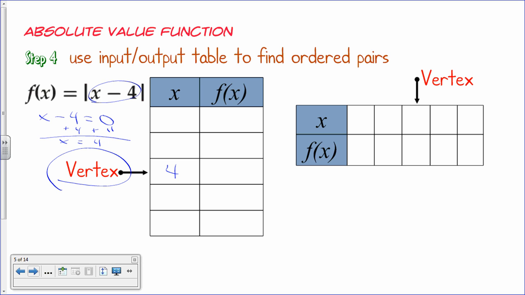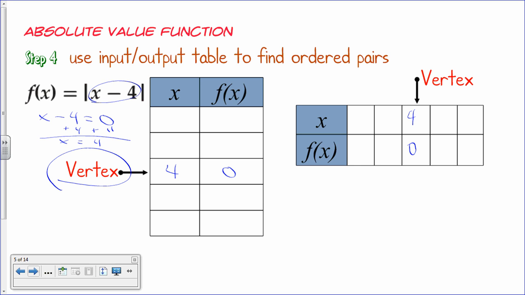So when my input is 4, my output is going to be what? 0. Where would I put it on a horizontal input-output table? In the middle again. What goes on top? 4 and then 0. Now, I will just tell you, when we do absolute value, everybody prefers this horizontal table.